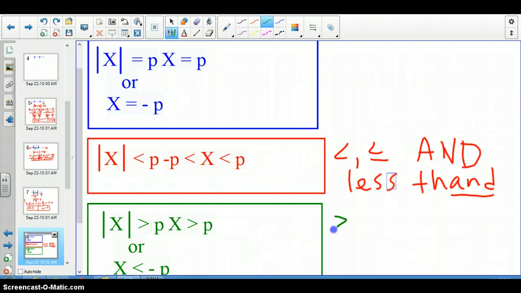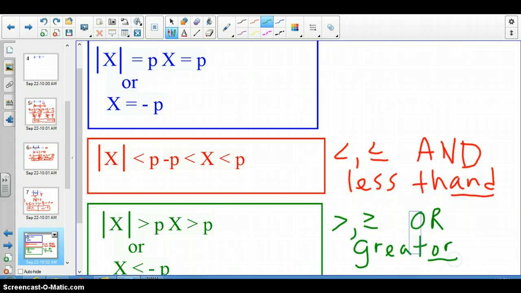These are greater than and greater than or equal to. The way I remember this is instead of spelling greater G-R-E-A-T-E-R, I spell it O-R, and I pronounce it differently. I say "greater". So it reminds me that if it's greater, then it's going to be an or inequality.